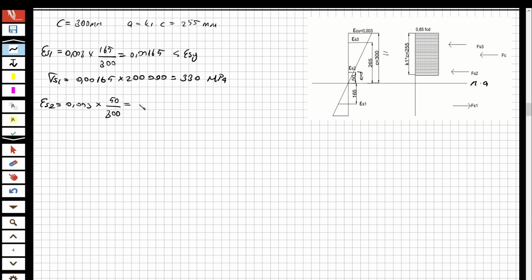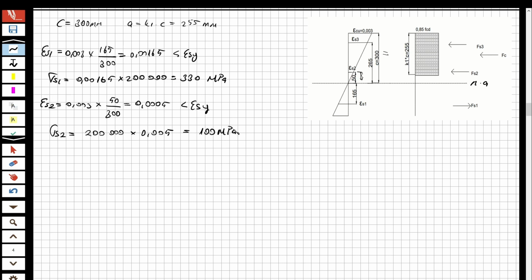And this is going to be equal to 0.0005. Yes, smaller than epsilon sy. And again, I have to calculate the stress inside the steel, and this is going to be 200,000 multiplied by 0.0005, equal to 100 megapascal.